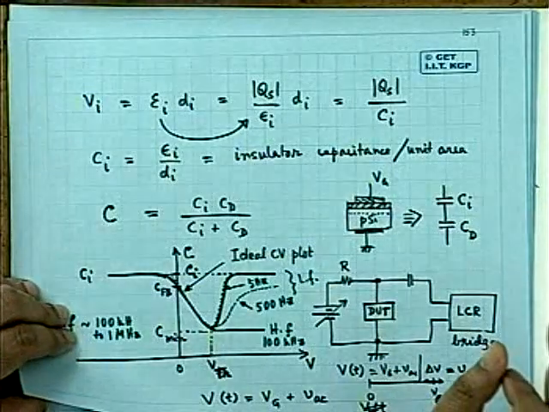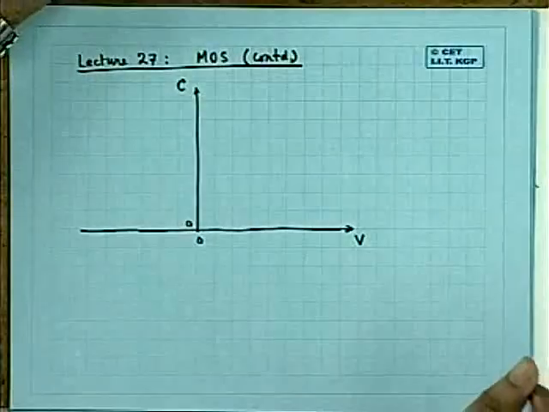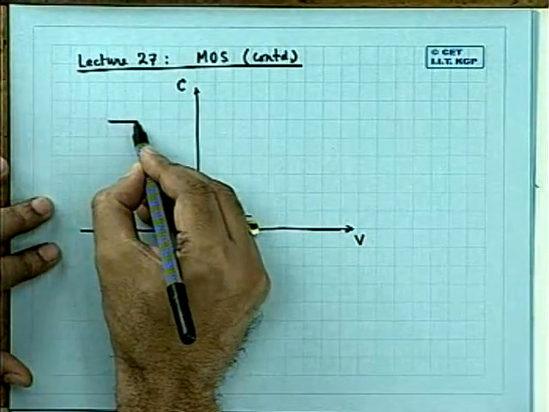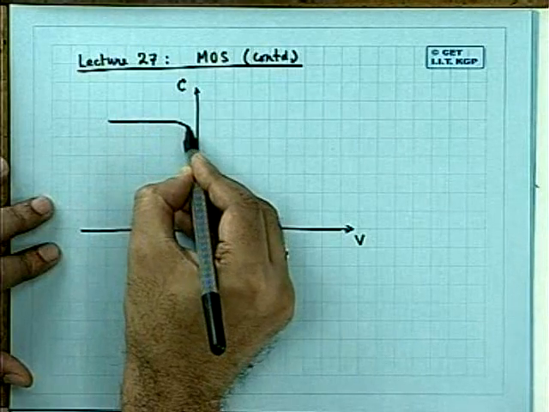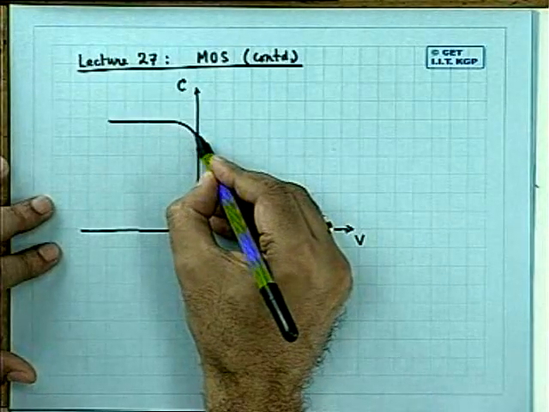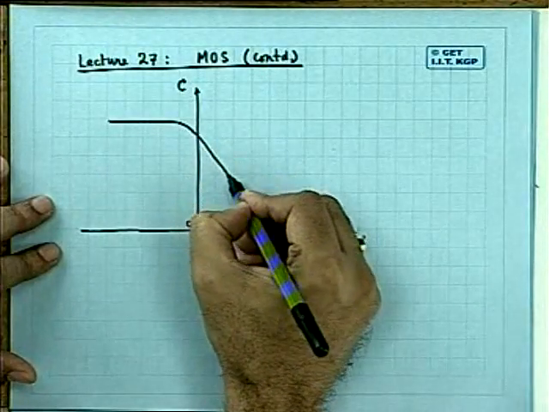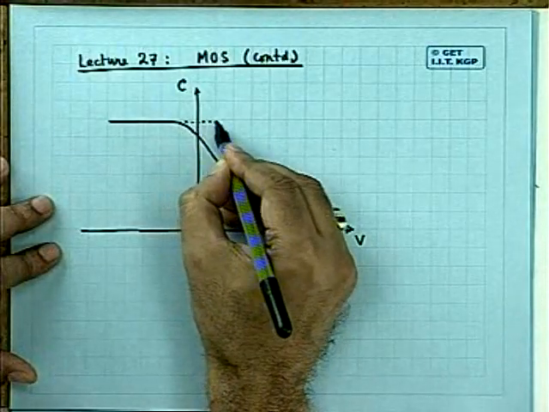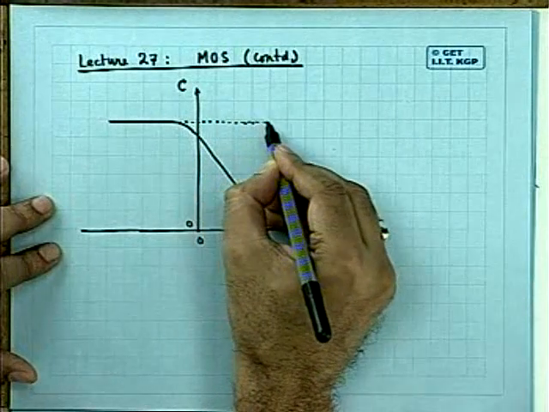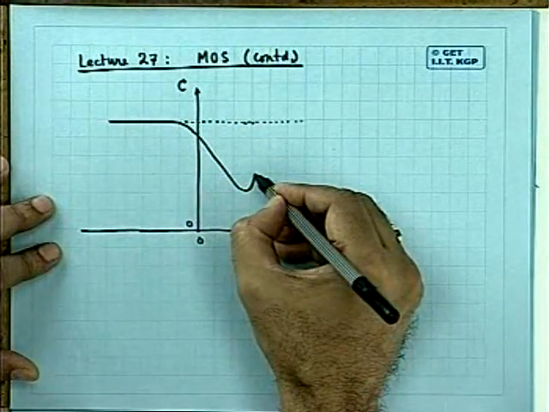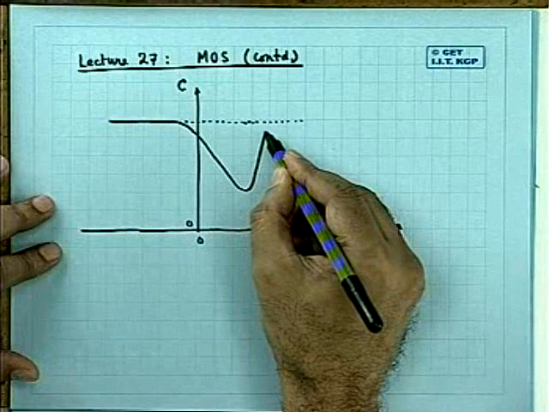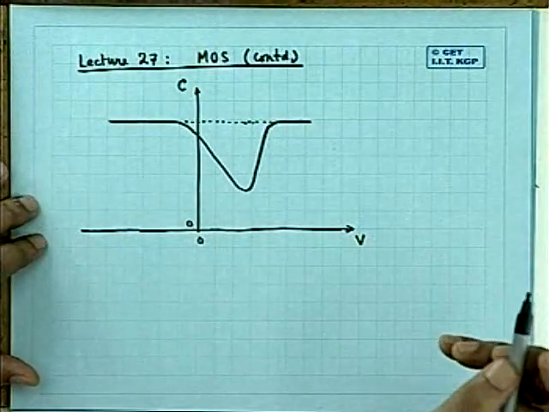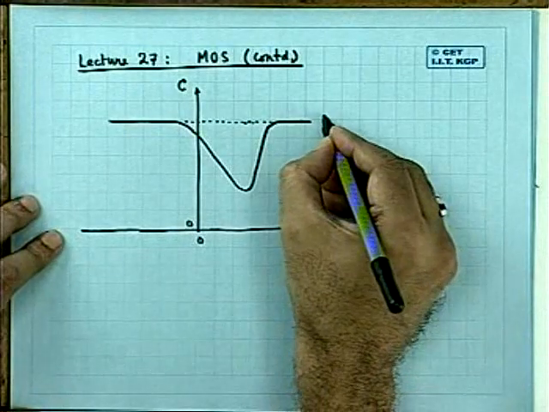And that's how we get the ideal CV characteristics, which I told you looks like this. This curve is called the ideal CV plot.